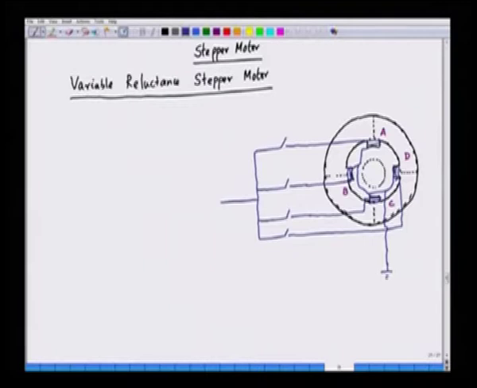So, we can have a battery here. This is a battery, the source, it is also grounded. So, there is a return path here, and the return path is this path. So, we can call this switch A, this switch B, this switch C, and this switch D.